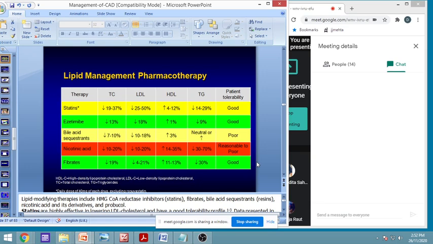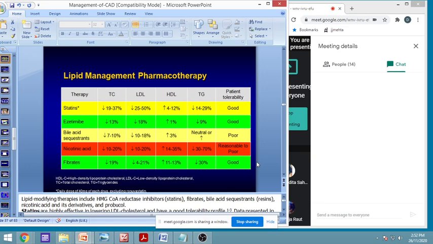Statins can control total cholesterol, LDL, HDL, and triglycerides, and they are very well tolerated by patients. They reduce triglycerides by around 19 to 37%, LDL by 25 to 50%, and HDL increases by 4 to 12%. HDL is what we call good cholesterol, and overall tolerability is good.